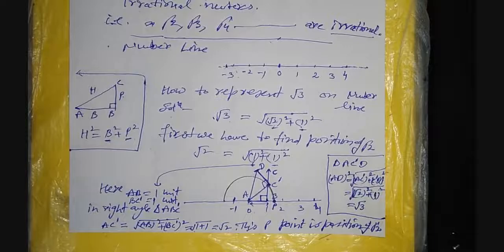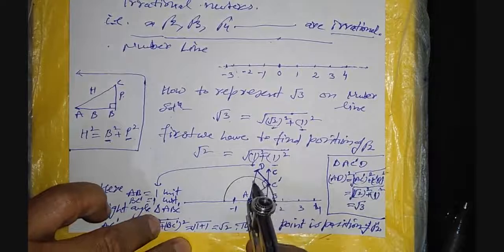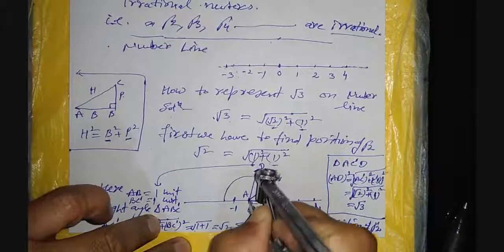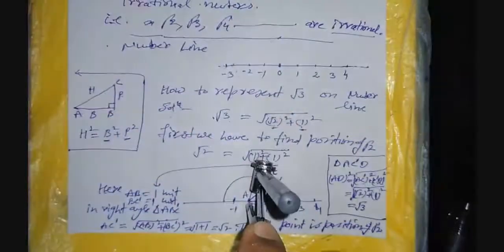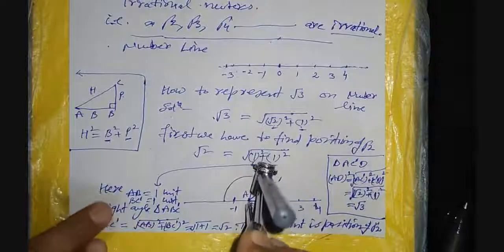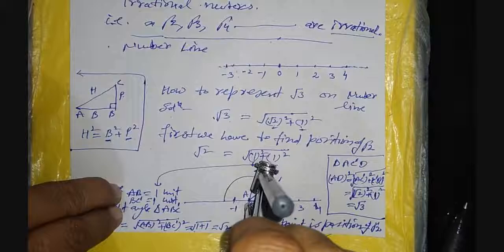Now again we will use this protractor to draw a semicircle, taking the distance of the hypotenuse, that is AD, on this number line.